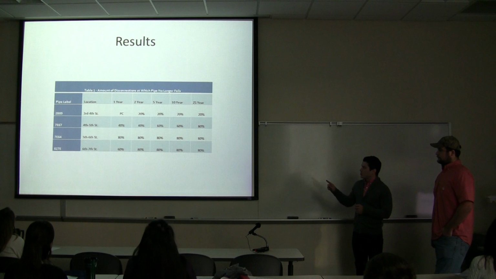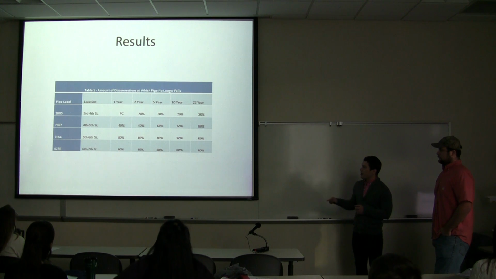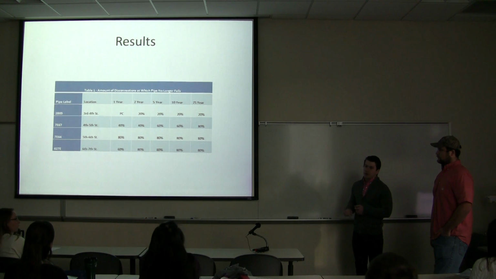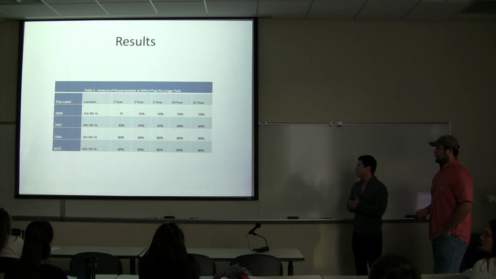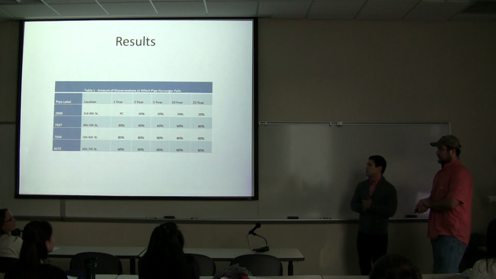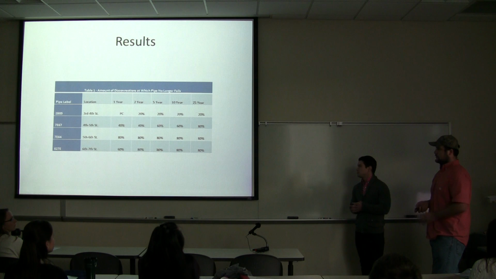So for a 1-year storm, the first pipe doesn't fail at present conditions. But for a 25-year storm on the last pipe, it takes 80% disconnection to get that pipe to no longer fail. We pretty much found that 80% would get it, as long as those areas aren't going into the combined sewer.